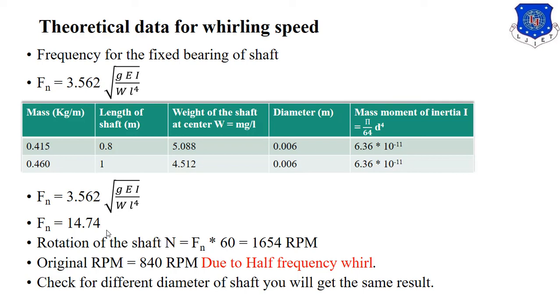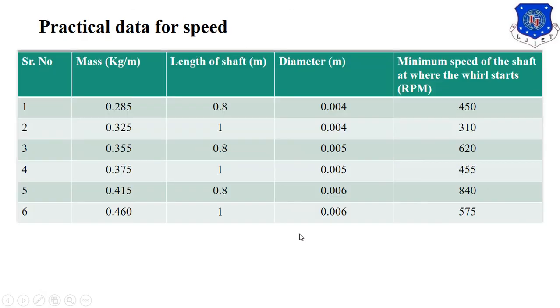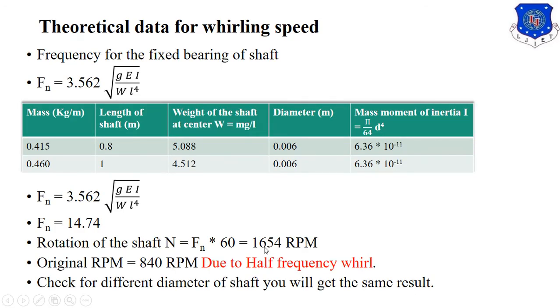Theoretically, what should be the rotation value? The rotation of the shaft should be 1654 rpm. But at what speed are we getting the values? Here, if you take half of this value, what is it? We are getting the practical data, taking step number 4, as 840 rpm, and the theoretical value is 1654 rpm.